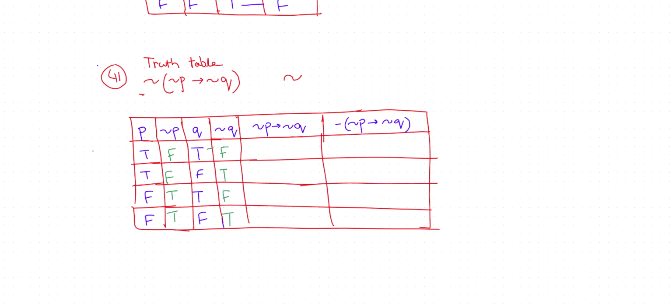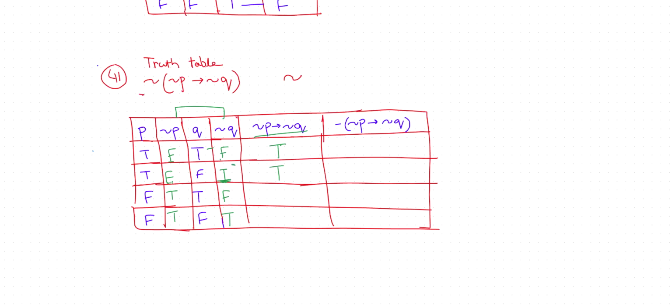Okay. Now, if not P, then not Q. So we will consider this and this column. When both are false, it gives true. We know this. When if not P is false and the hypothesis is false and conclusion is true, here this one, then also we get true.